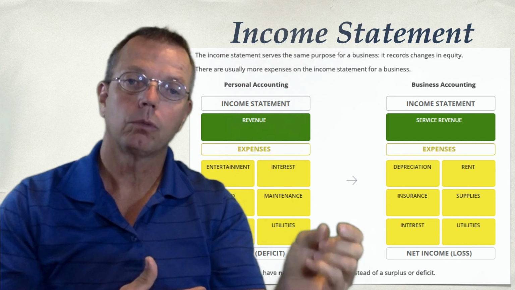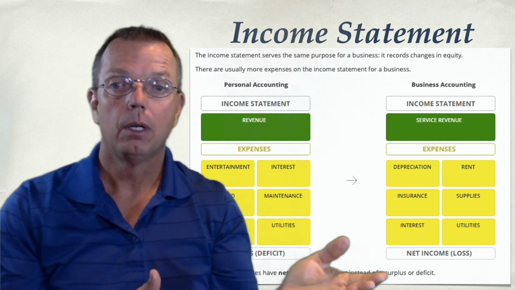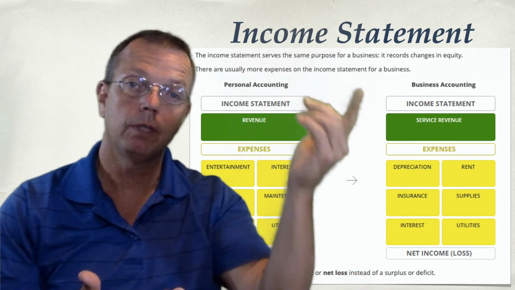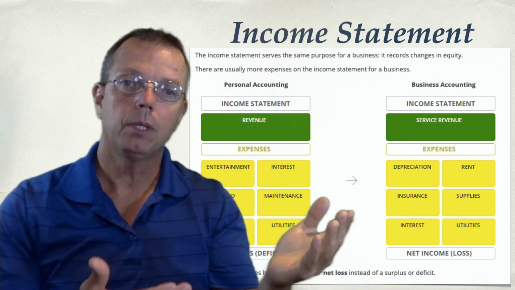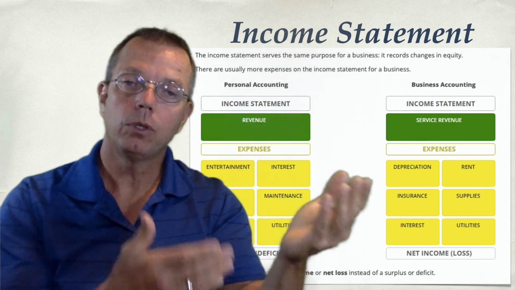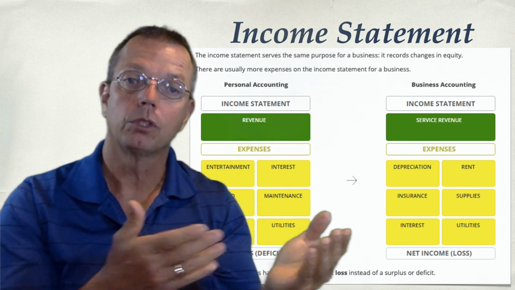You would end up with either a net income, a positive, or a net loss. That's why it's important to understand what's happening in an income statement. An income statement is just a place to record all the revenue and expenses occurring during the business over a certain time frame.